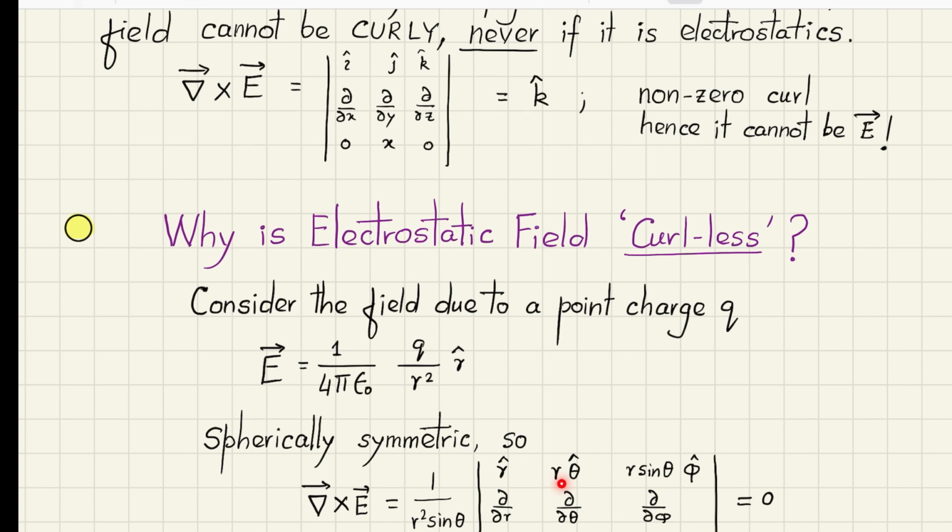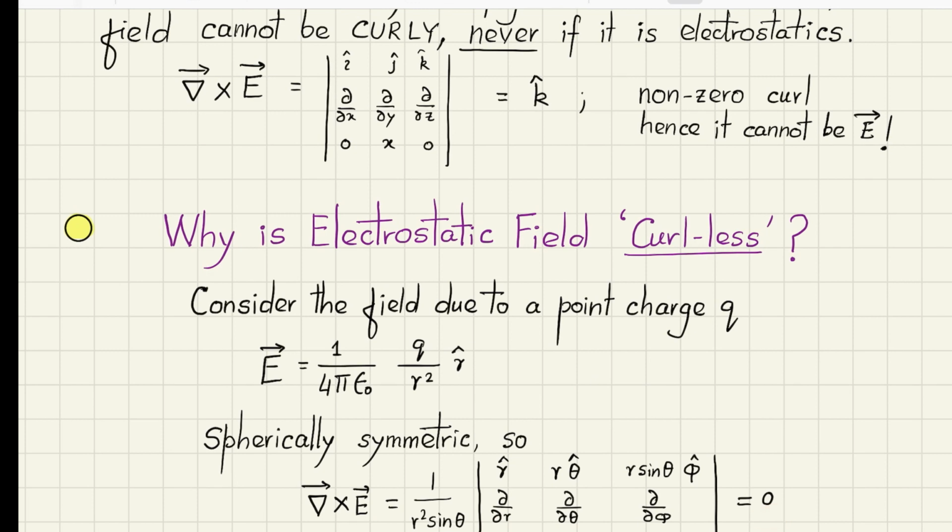You remember the weights: r, r sin theta, and the only component here is E r. If we compute it, del by del theta is 0, everything else is 0, so the curl is 0. So for any vector function directed along r with only an r component, the curl will be 0.